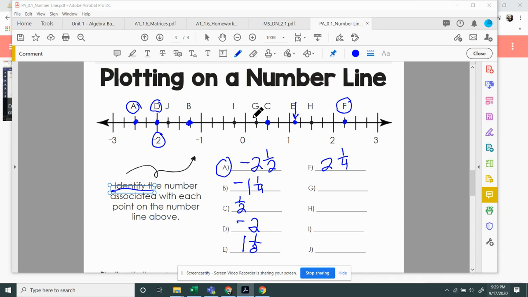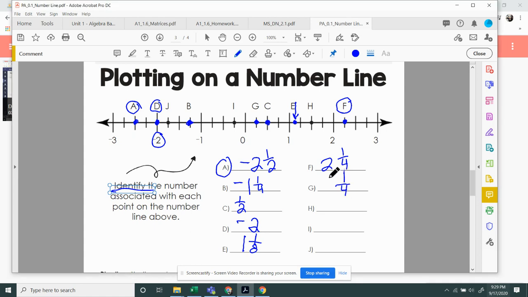Let's look for G. G is down here close to 0, but it is to the right of 0, so it's still positive. G is less than 1 and less than 1/2. It's right on this line that is 1/4. So we don't have a whole in front of G. We just have 1/4. Remember, positive 1/4.